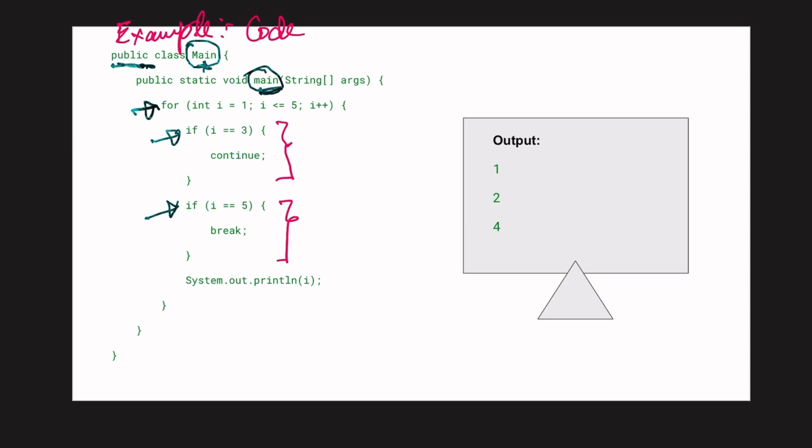So first we are going to see the continue. What will happen when we encounter continue inside the if condition? If the value of i is equal to 3, then this condition is true. And then this if condition will run, our cursor will enter inside the if condition, and this continue statement will execute.